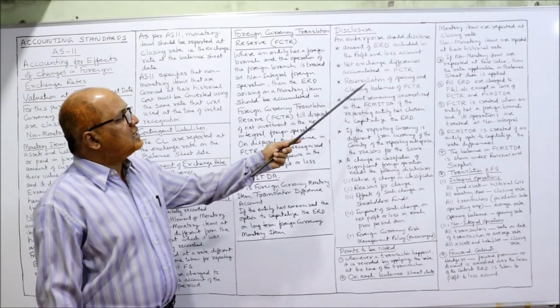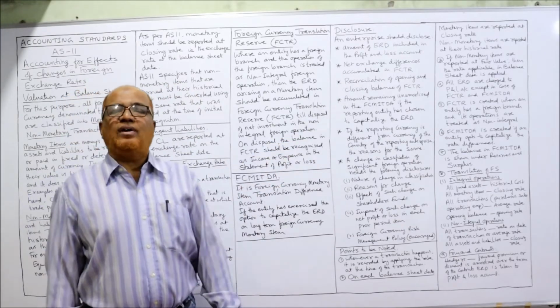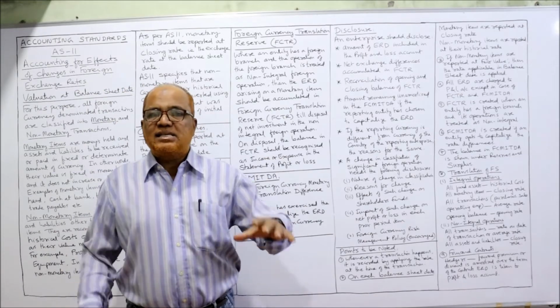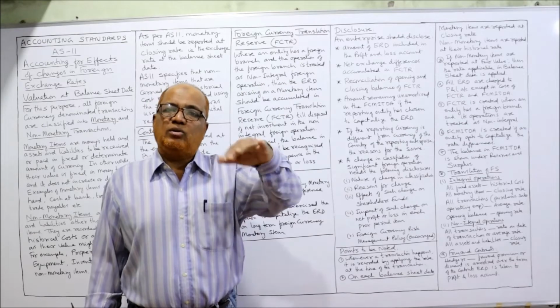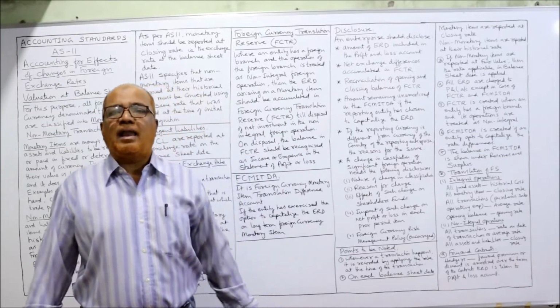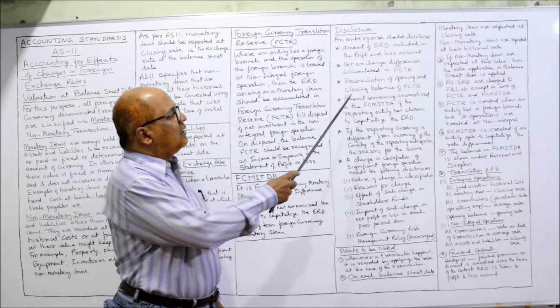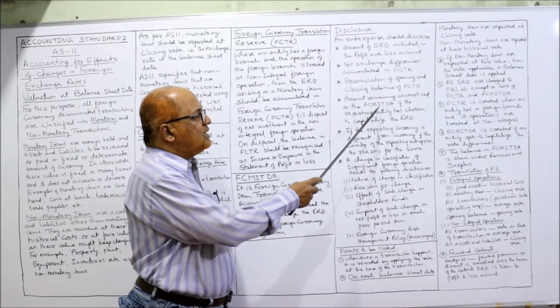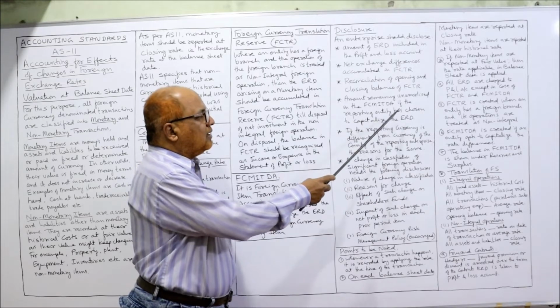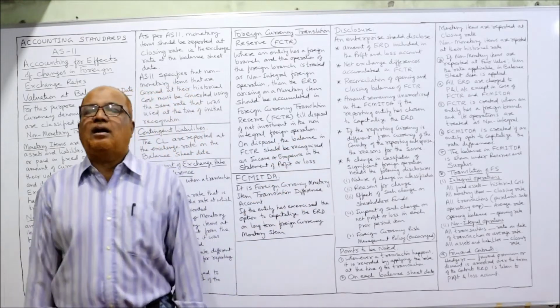Thirdly, reconciliation of opening and closing balance of FCTR. Already existing FCTR is there. How much is the difference between opening and closing balance of FCTR? Then reconciliation of the amount remaining unamortized in the FCMITDA if the reporting entity has chosen to capitalize ERD.